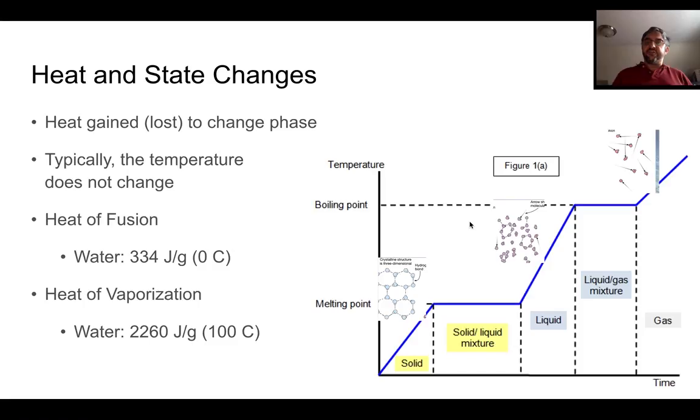The water molecules are still attracted to each other, but they're able to move around freely. Now you start to heat it up, going back to our 1 calorie per gram per degree Celsius, so you heat it up by 100 degrees, and then it starts to boil. Again, we need energy, because these water molecules are still attracted to each other.